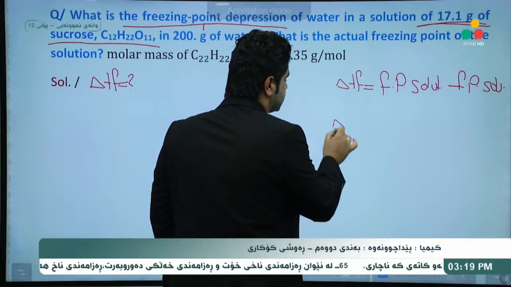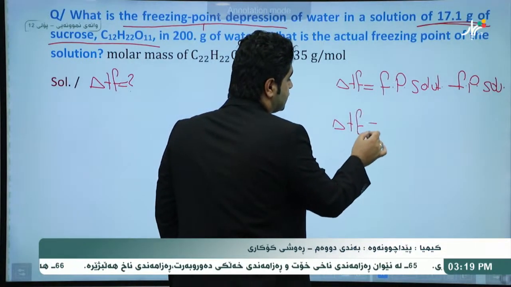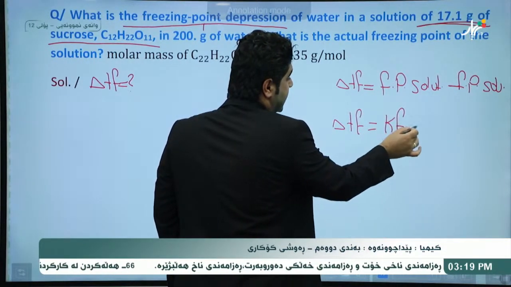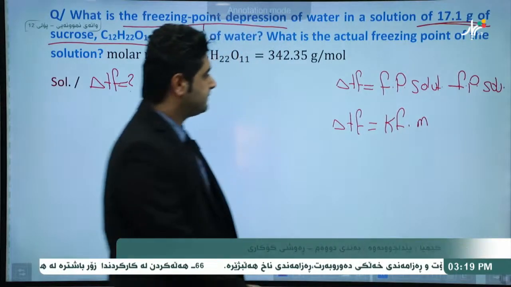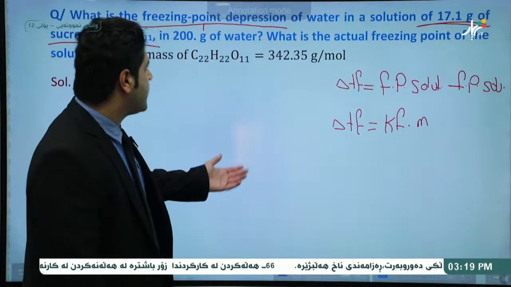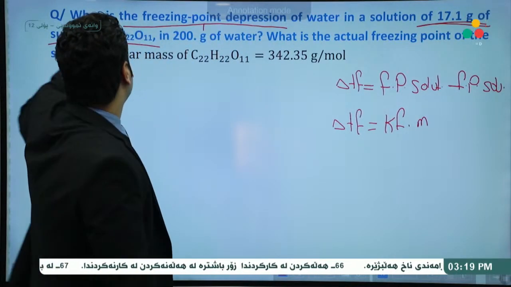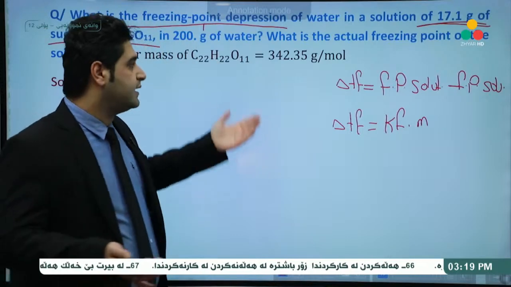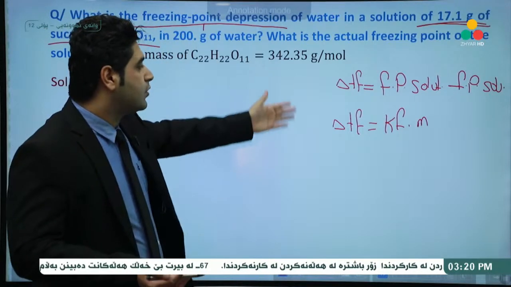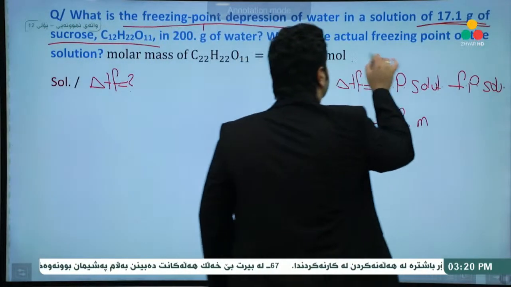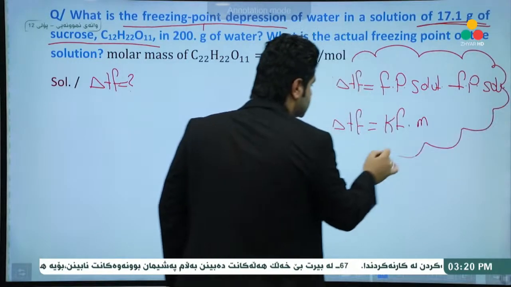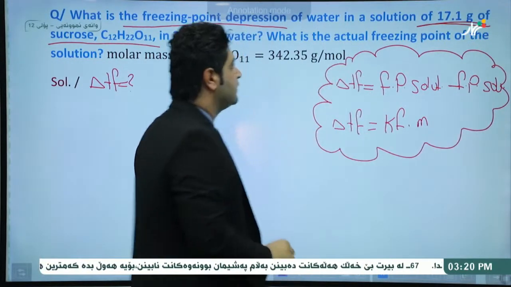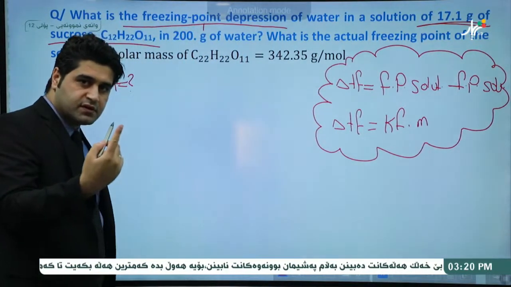And the second one is delta Tf is equal to Kf times the molality. Now we have indicated that the question is about freezing point, and we wrote both equations. Good job.